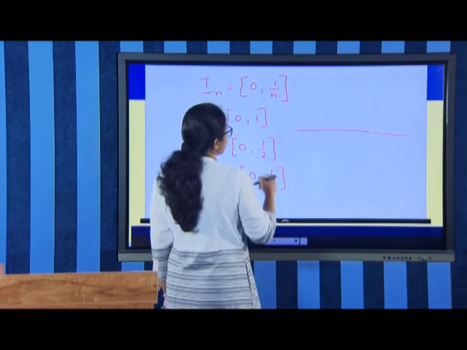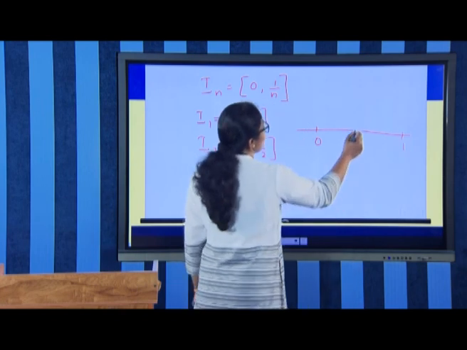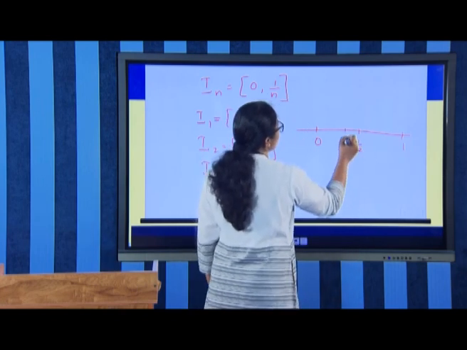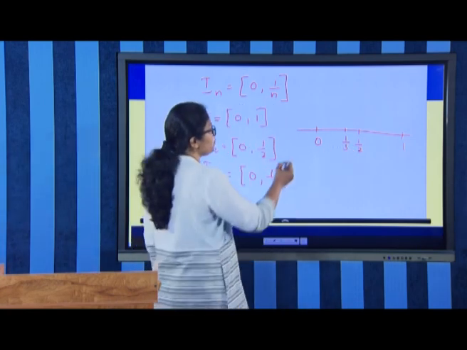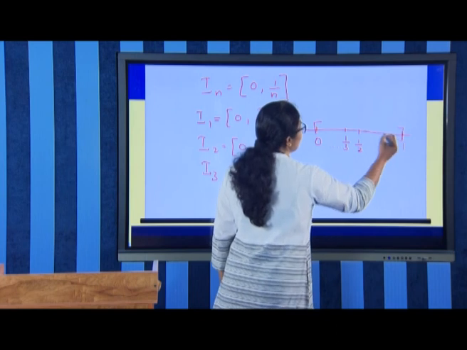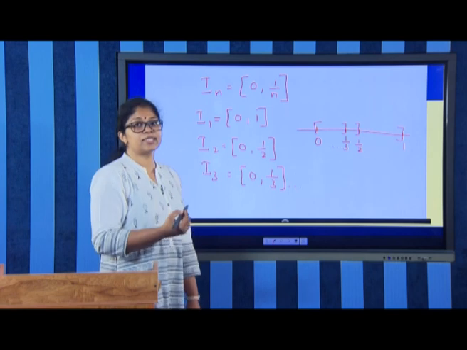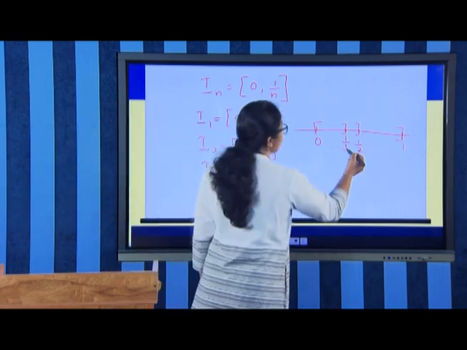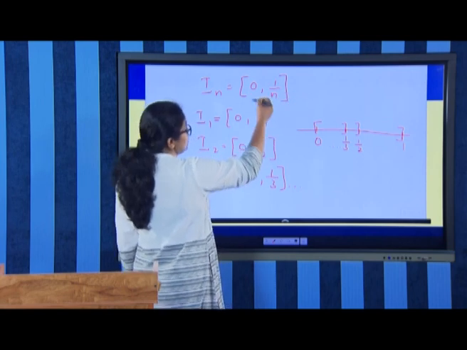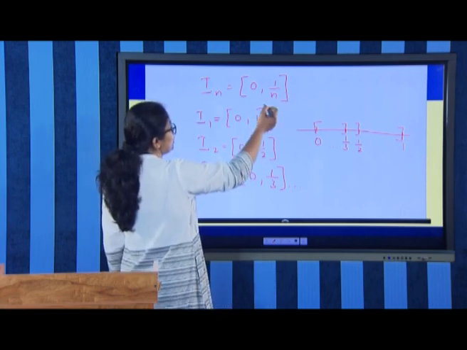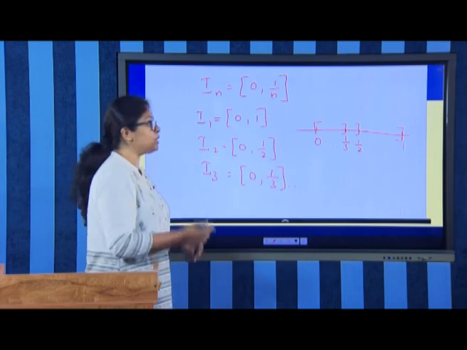the set of all these numbers, we have 0, 1 somewhere here, then we have 1/2, then we have 1/3, and it is approaching like this. The first interval is 0 to 1, the second is 0 to 1/2, the third is 0 to 1/3. All these numbers are the upper bounds of each set I_n, and this 1/n is approaching 0 as n approaches infinity.